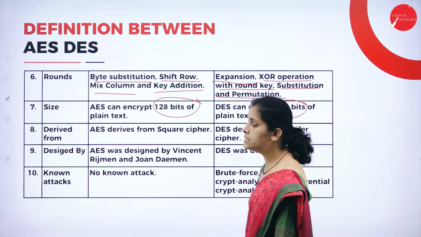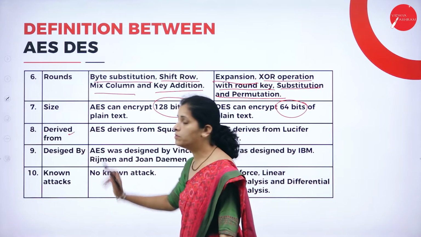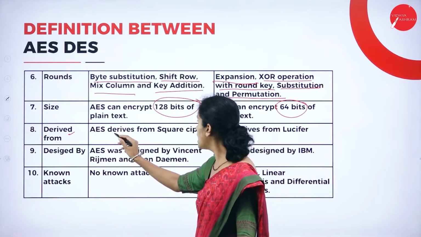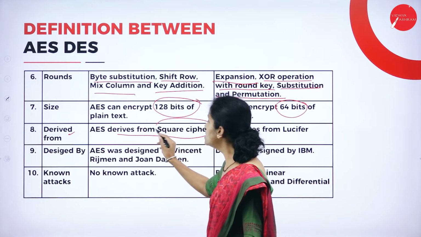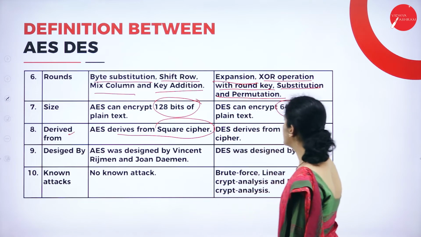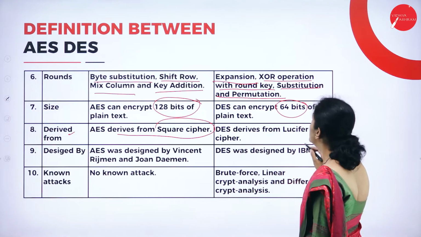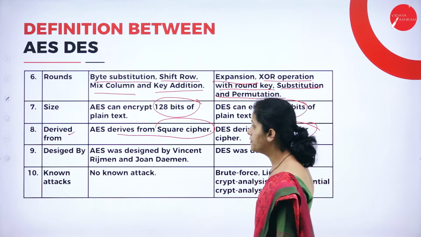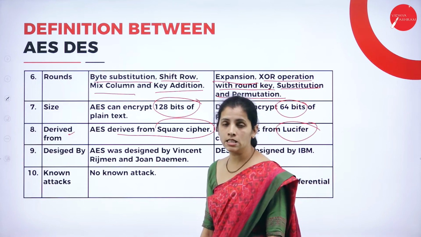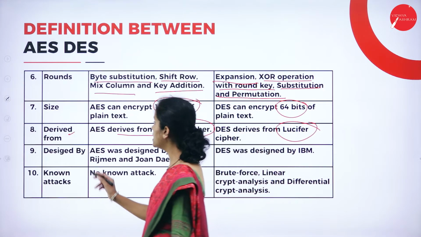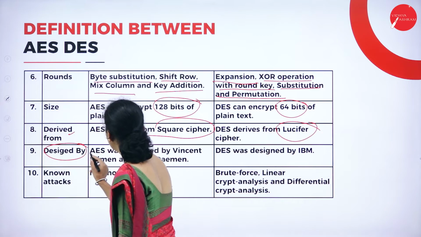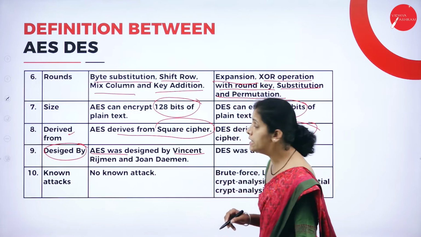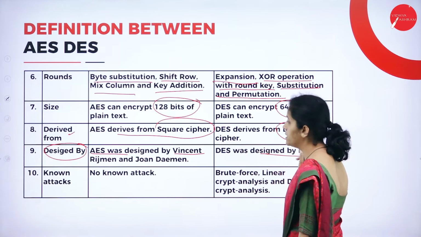And if I consider derived from, AES is derived from square cipher, and DES is derived from Lucifer cipher. If I consider the next parameter, designed by, AES was designed by Vincent and DES was designed by IBM.